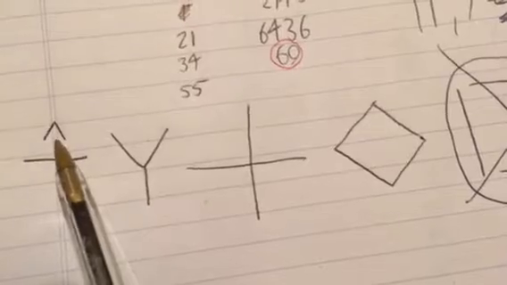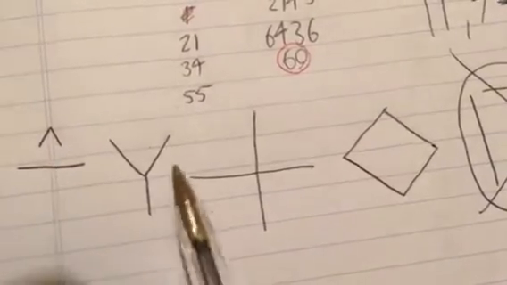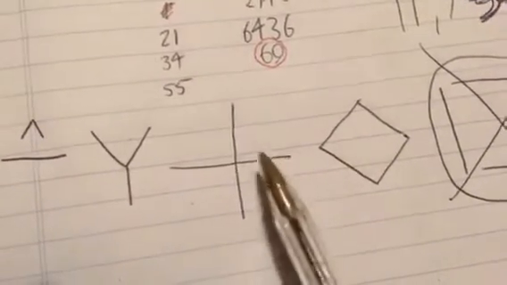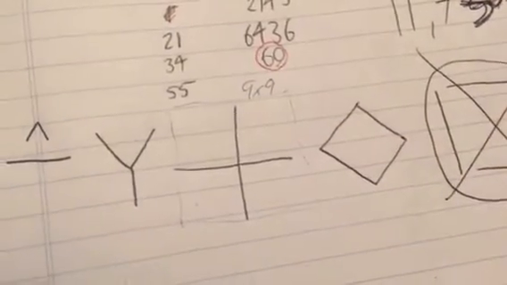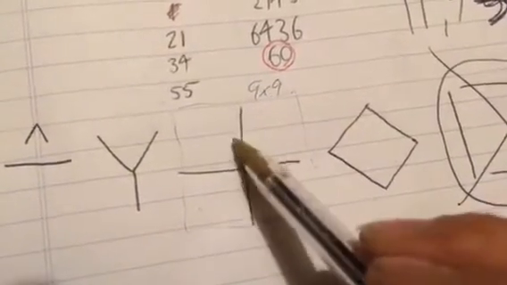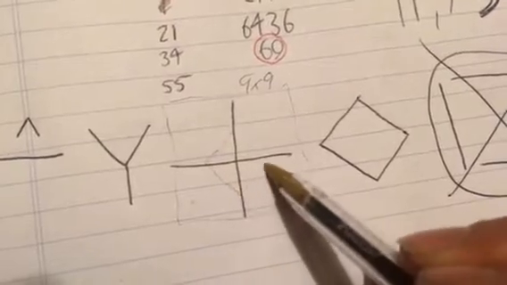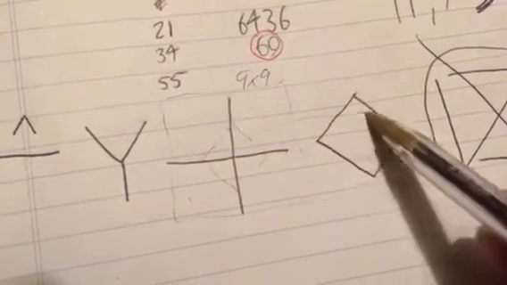There we go. You have the capstone of the pyramid, you have Armageddon, you have the flux capacitor, you have the shape of the 9x9 itself, and you have a diamond, which is in here. Okay?